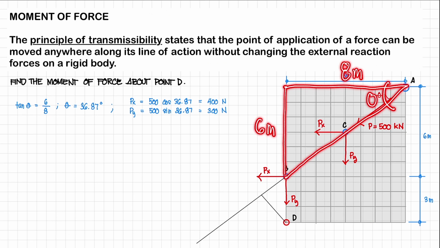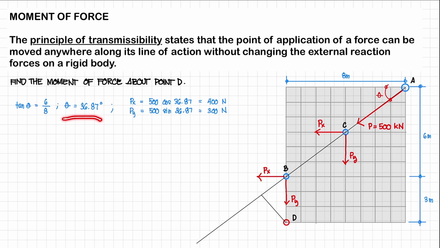We're trying to solve for theta, so we could use our tangent. So TOA, opposite over adjacent. So tangent theta is equal to 6 over 8. Solving for theta, we'd get 36.87 degrees.